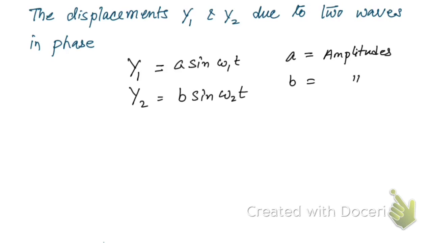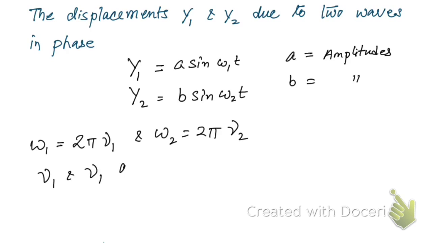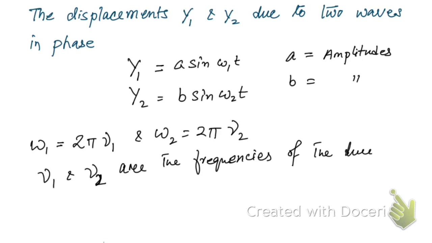Here omega1, which is the angular frequency, is equal to 2 pi nu1, where nu1 is the frequency, and omega2 is equal to 2 pi nu2. Nu1 and nu2 are the frequencies of the two waves.